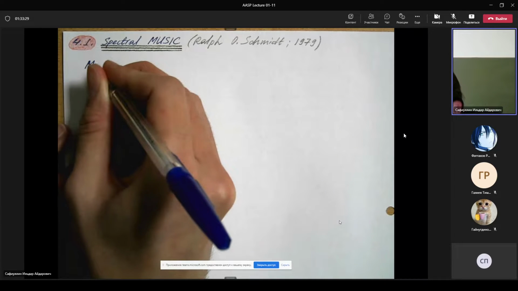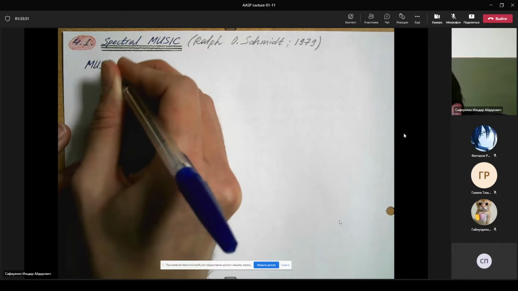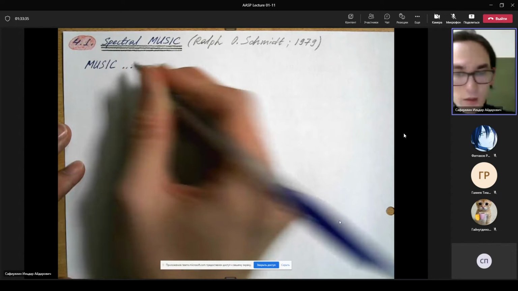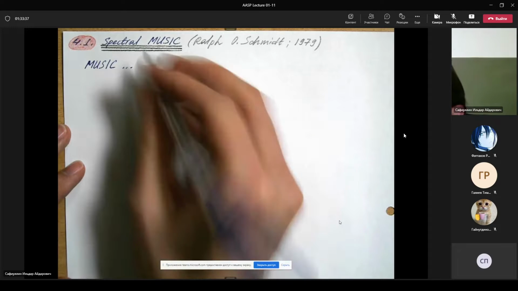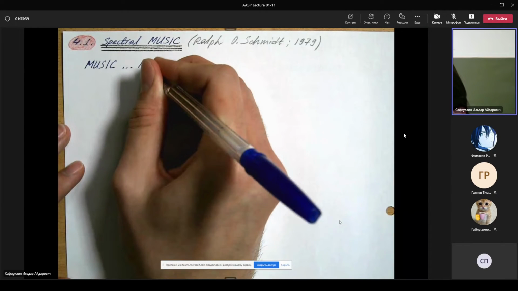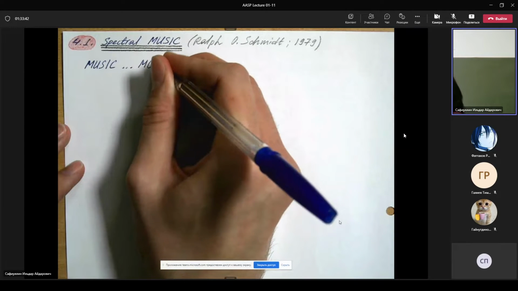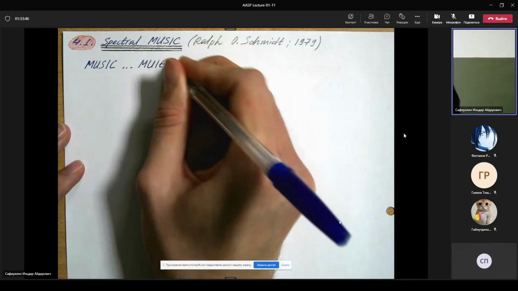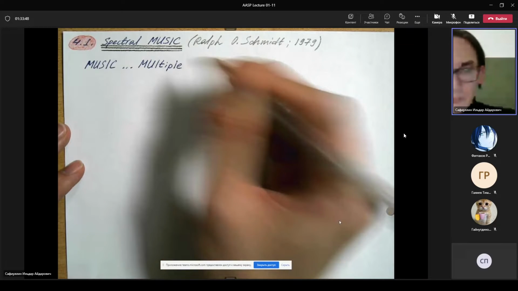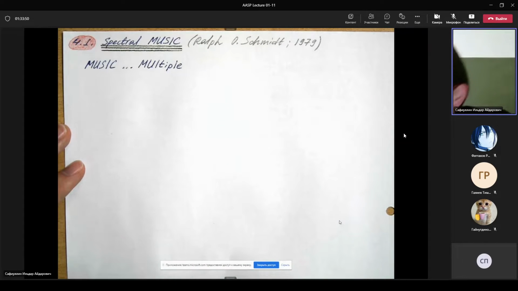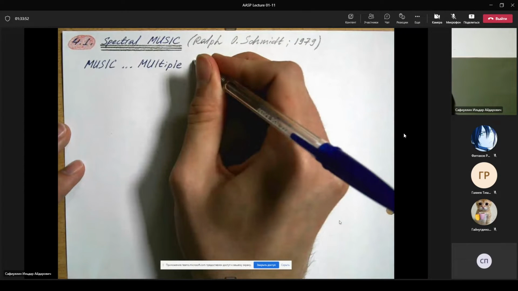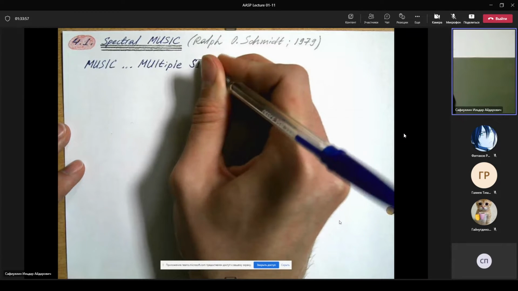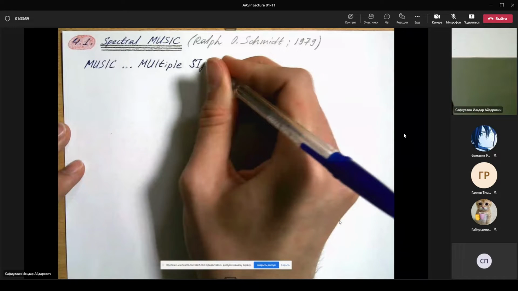So MUSIC is multiple. So here from this one we have MU, multiple, then signal. From this one we have capital S and I, signal.